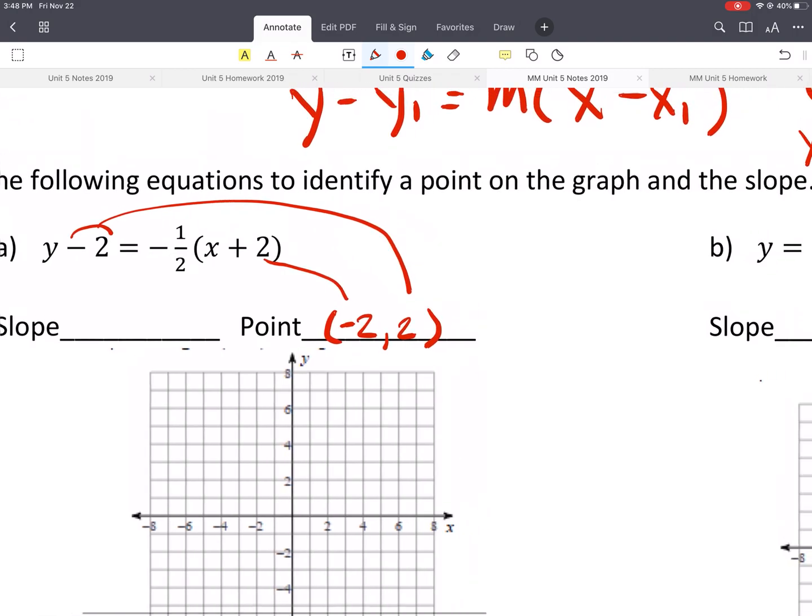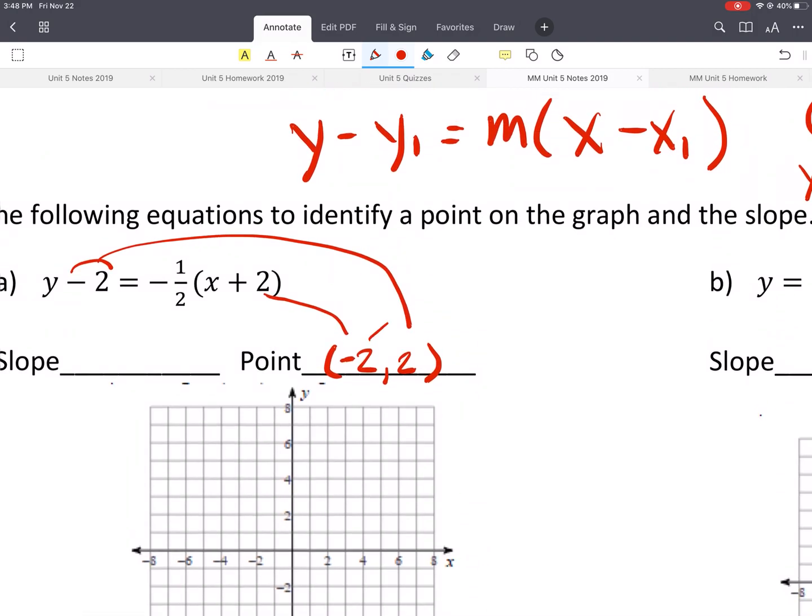And if you don't believe me, you could try and put these back into our equation. That would be x minus a -2, that gives us a +2. And if we put this 2 into this equation, it gives us a y minus 2. So again, whenever you plug stuff in, it's just going to change those signs when you take them out.